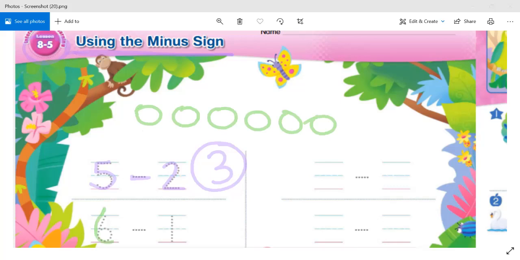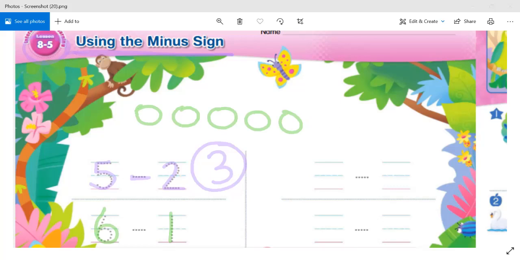So down here, we are going to write the number 6. 1 owl flies away. So we are going to remove 1 counter. So we are going to draw a 1.